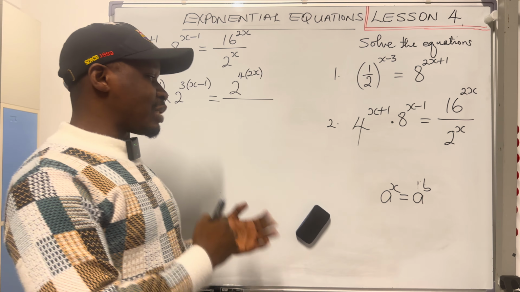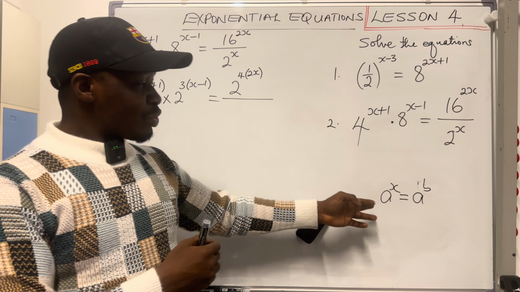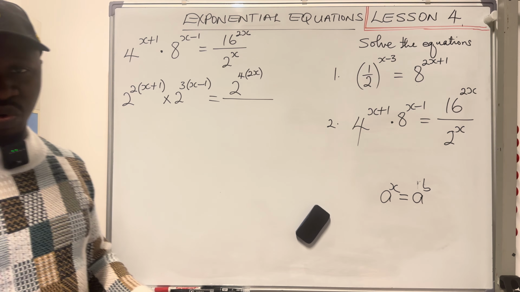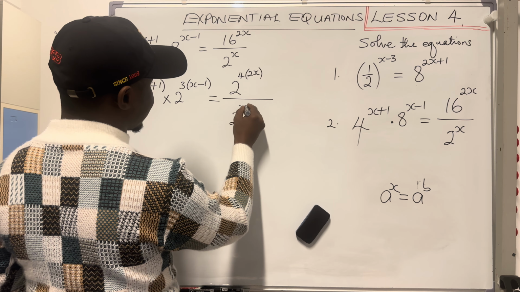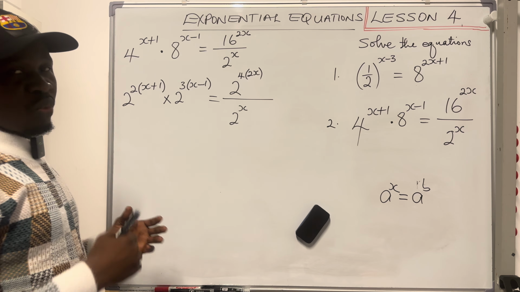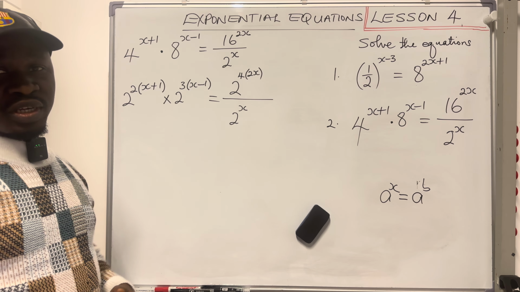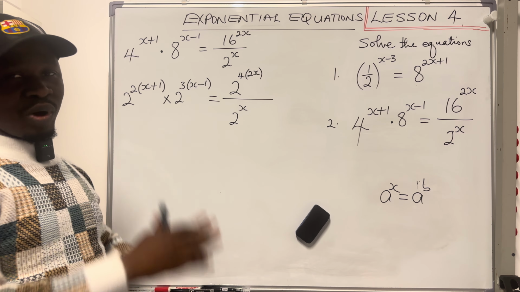And what we are anticipating is that the bases must be the same. That is always what we want. So here is 2 to the power x. By the look of things, it is working out for us because base 2, base 2, base 2, base 2. The only thing that is left is we want one base equal to one base.